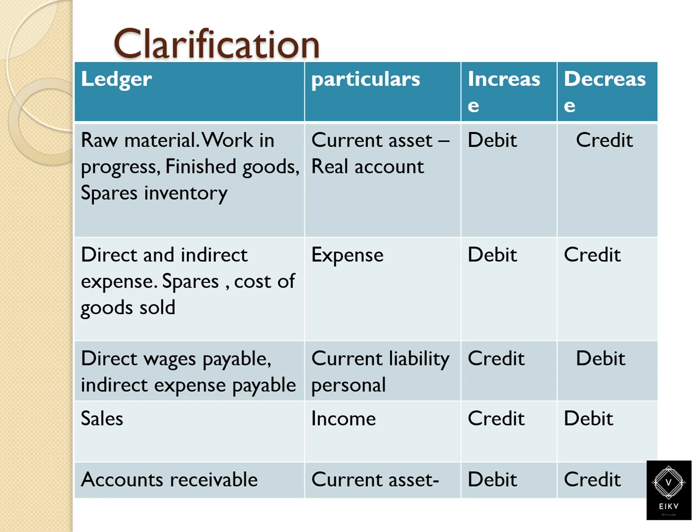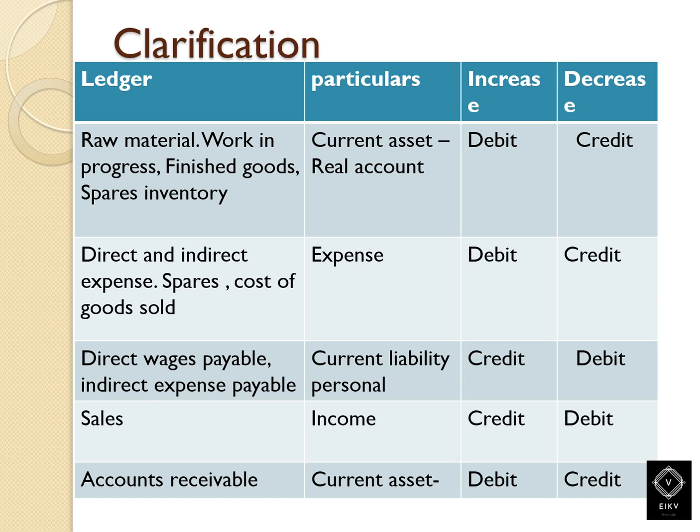Going further, direct expenses, spares, cost of goods sold, all are expense accounts, right? Yes. In terms of expense accounts, increases we debit, decreases we credit. Next, direct wages payable, indirect expense payable accounts. These accounts are current liabilities.